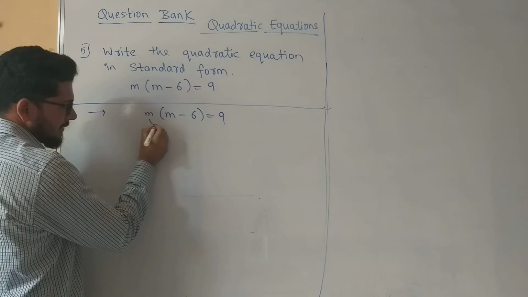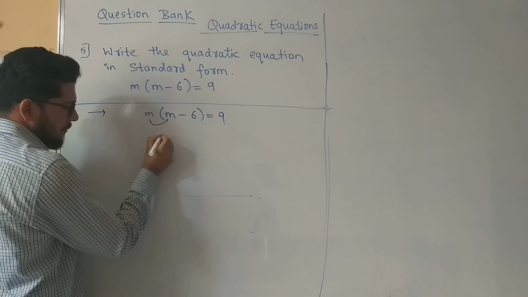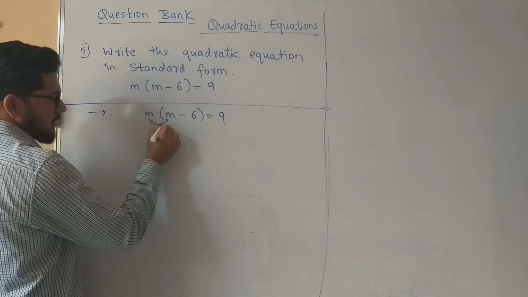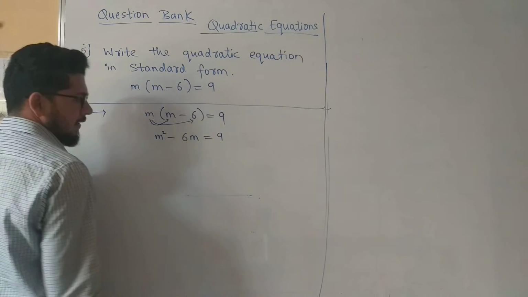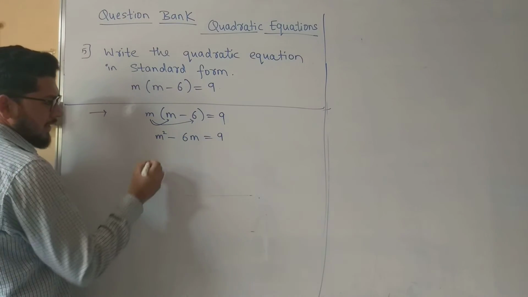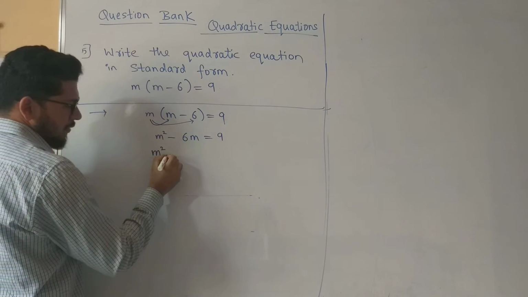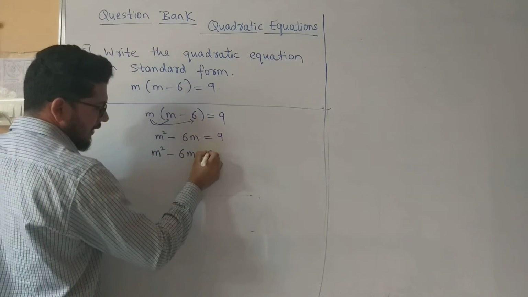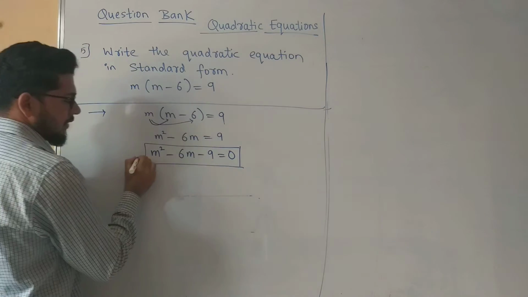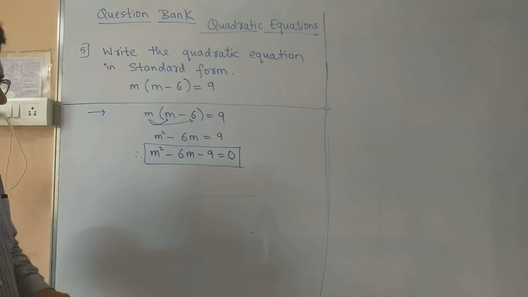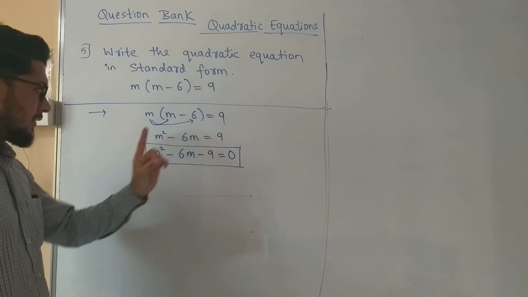When you multiply m into m, it will give you m square, and minus m into 6 will give you minus 6m is equal to 9. After that we'll shift the value of 9 here, which gives m square minus 6m minus 9 equal to 0, and this is the standard form of the quadratic equation. I'm explaining again. Listen here.